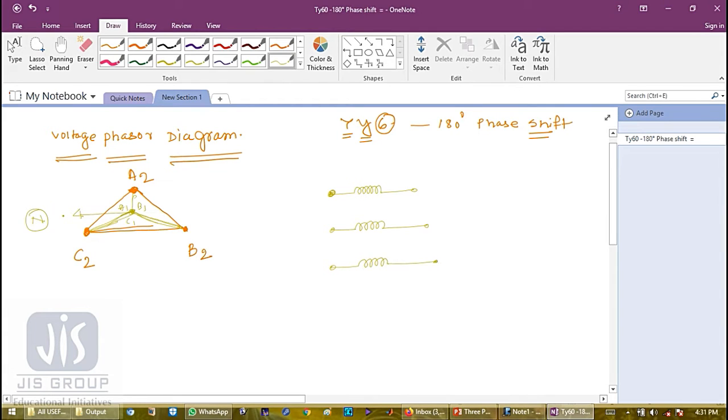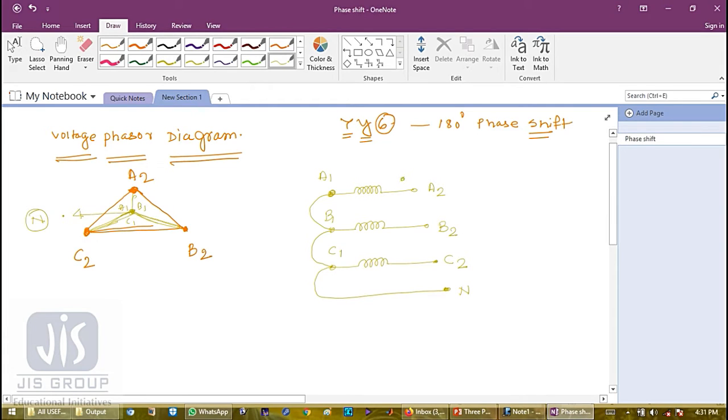So this is the primary side winding, and look, A1, B1 and C1 are shorted, and basically form the neutral point. This is my brought out terminal, the HV side A2, B2, C2.